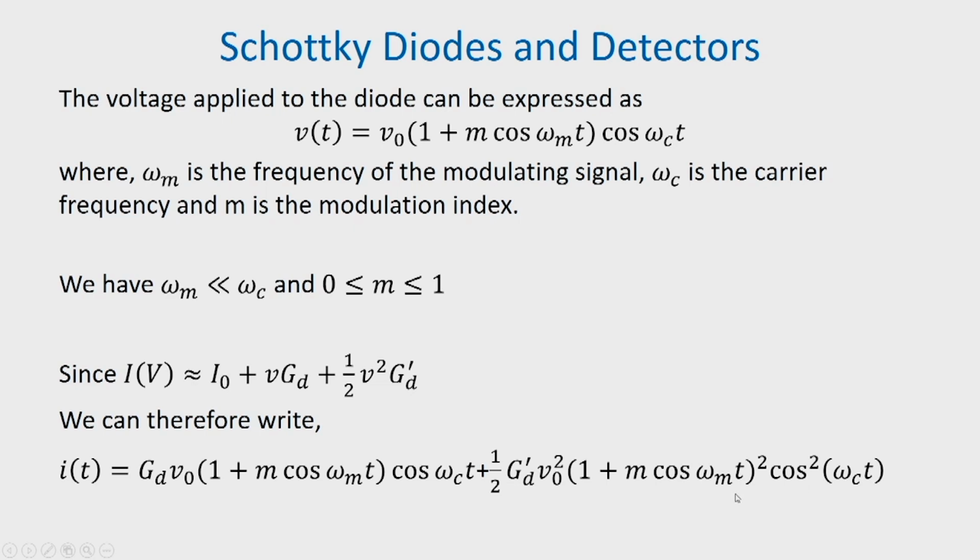We want to detect our modulating signal which has a frequency omega m. So, in order to detect this signal, we pass this IT through a low pass filter.